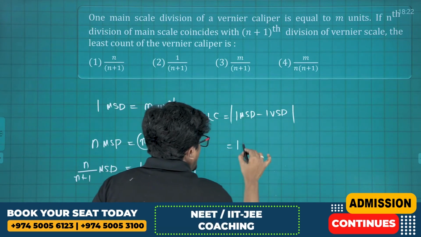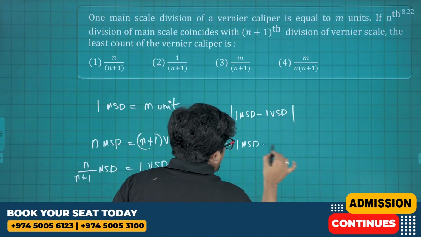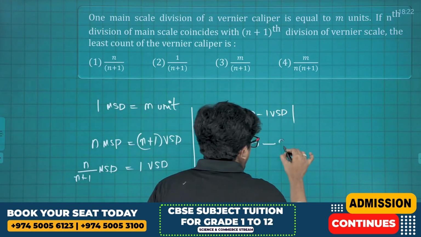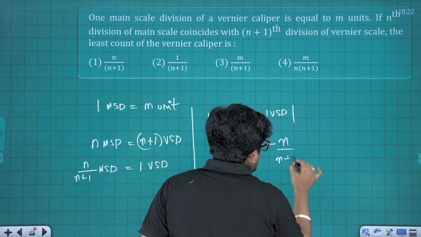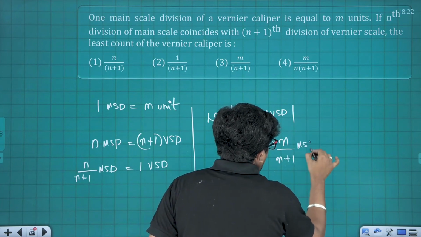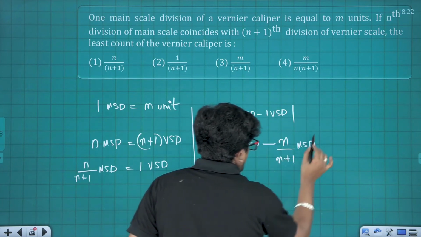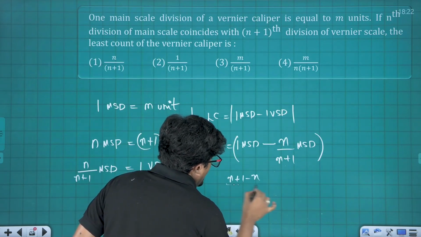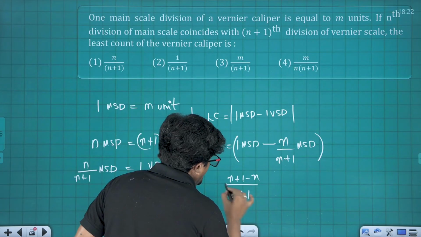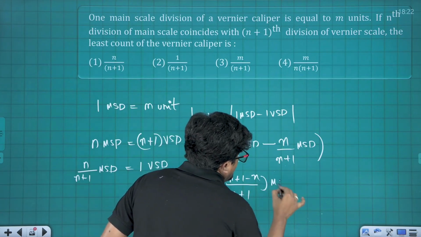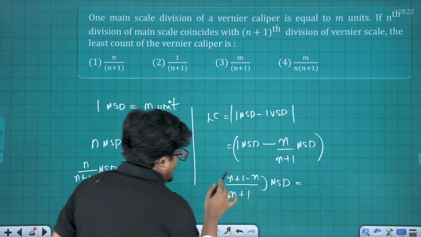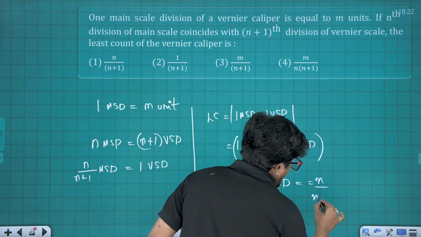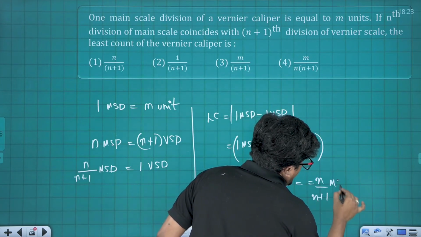That is equal to 1 MSD minus n upon n plus 1 MSD. Here this is going to be n plus 1 minus n, all divided by n plus 1, MSD. N and n will cancel, so it is 1 upon n plus 1 MSD.